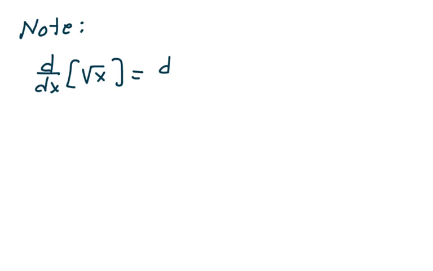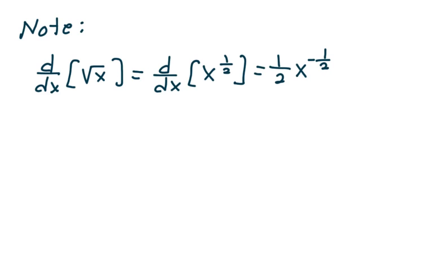Now, I want to make a note here to leave this video on. The derivative of square root of x is the same as the derivative of x to the 1/2, which is 1/2 x to the negative 1/2, okay? Now, remember that 1/2 x to the negative 1/2 is the same as 1 over 2x to the 1/2.